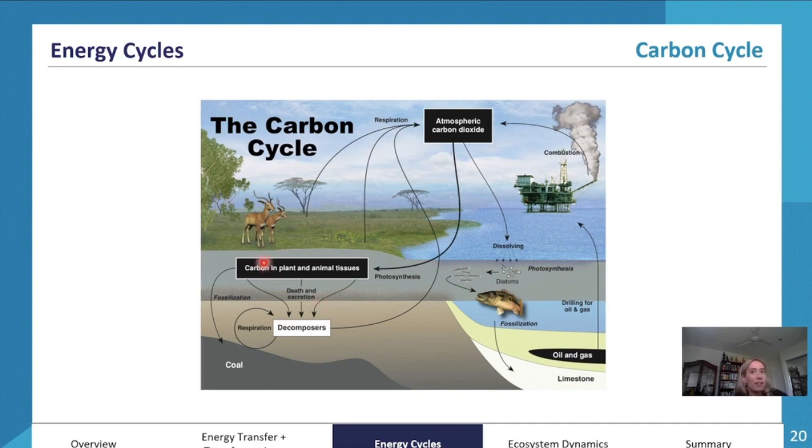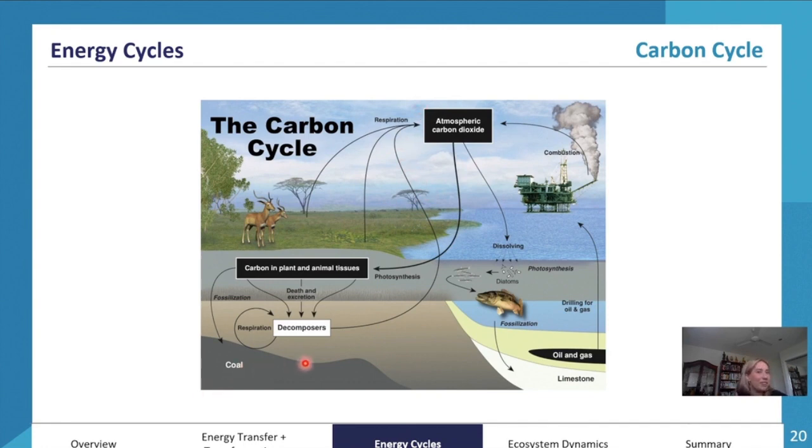This is because the carbon in animal tissues, through either death or excretion, is consumed by the decomposers and detritivores, respirated, and then released through respiration into the atmosphere. How fun is that? This is also respiration, which is where carbon that is not absorbed into the plant and animal tissues is released through cellular respiration again.